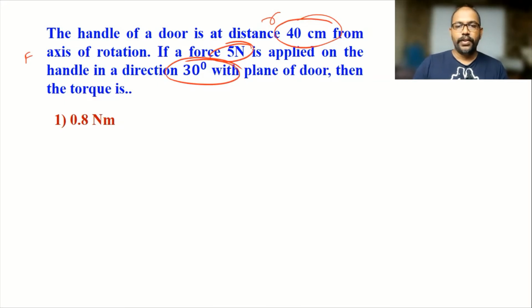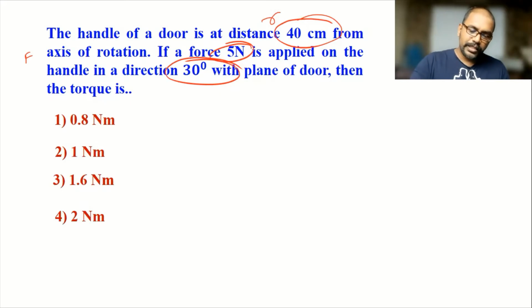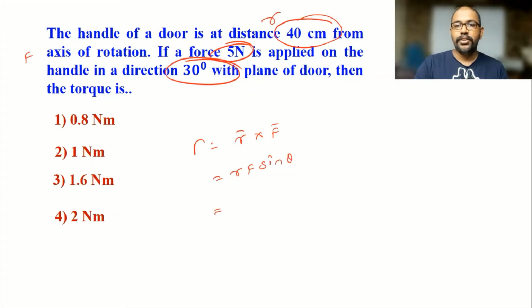The formula of torque in vector form is R bar cross F bar, so the same formula we can write as R F sine theta. Now R is 40 centimeter, which we can convert to meter because the options are in the SI system. So 0.4. The force is 5 multiplied by sine of 30.